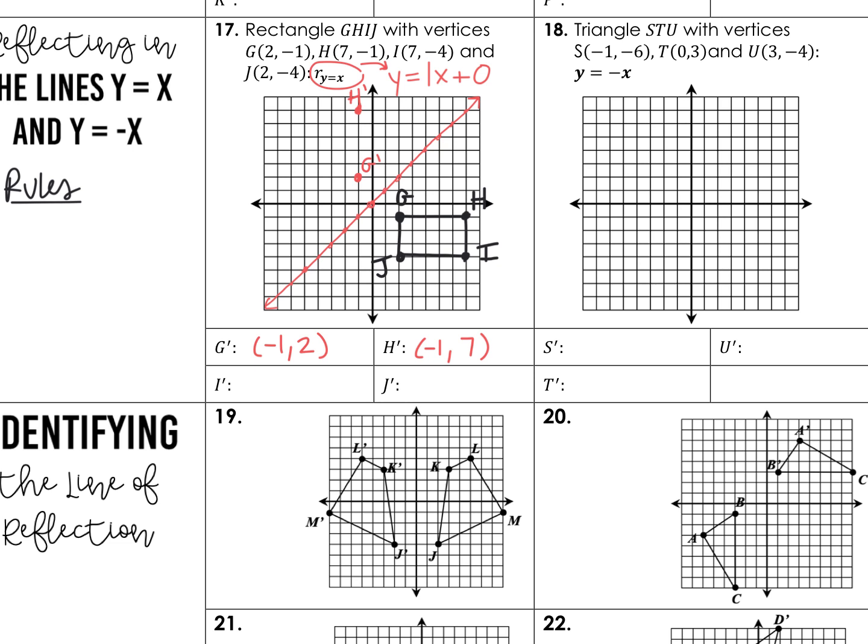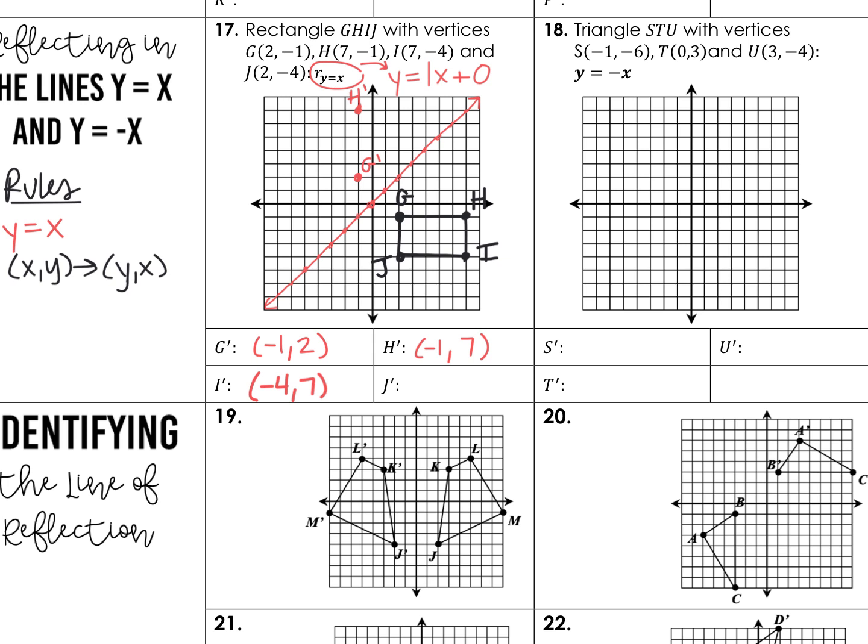If you are reflecting over y equals x, which is the positive line, then the rule is that x, y flip and become y, x. So I think for some of us, it's going to be easier to figure out the coordinates first. So if I is at 7, -4, then I prime is at, flip it, -4, 7.